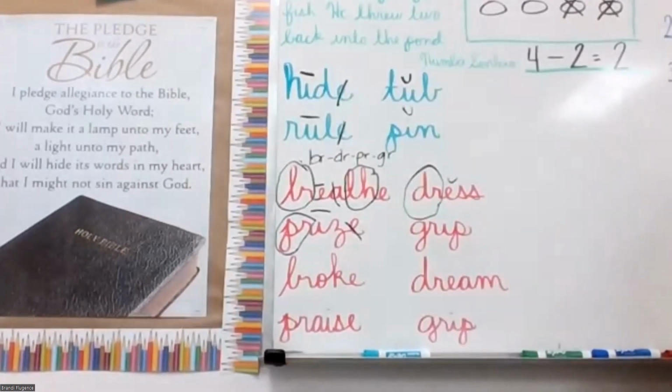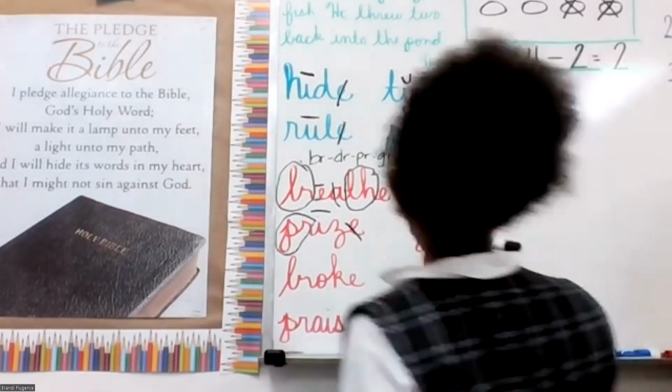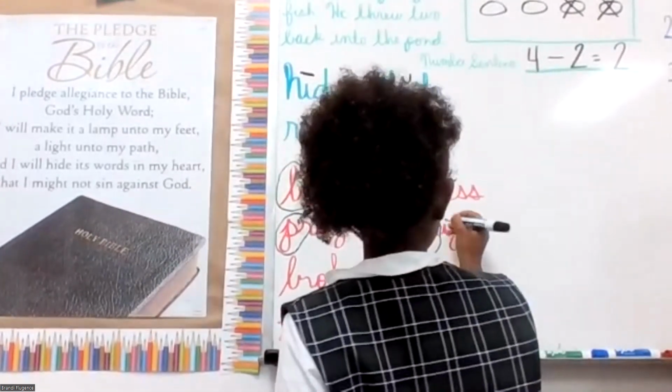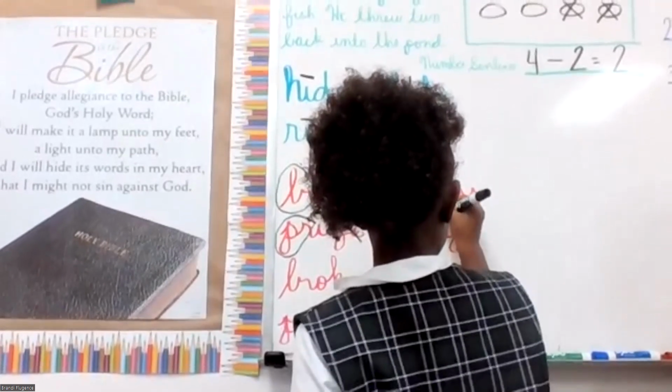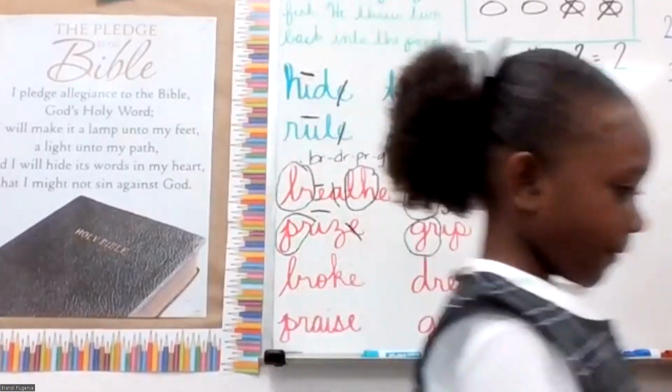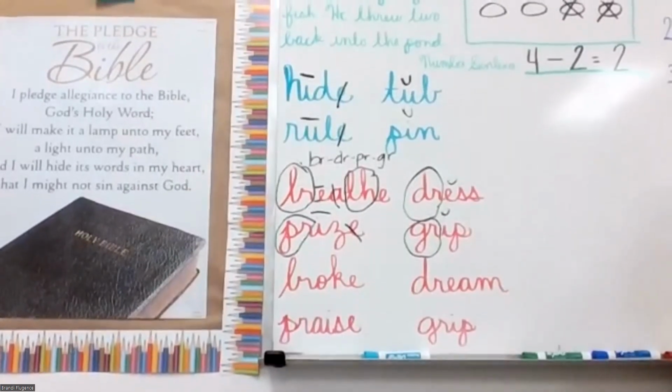Kendall, next one. Daydreaming. How was it? What's the word? Grip. Okay, next one.